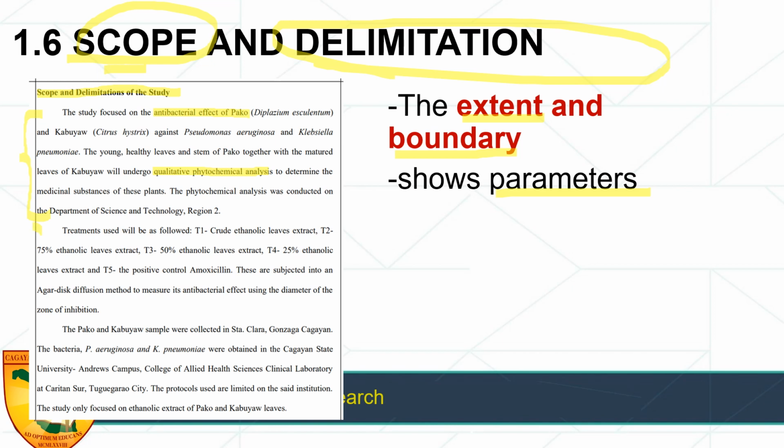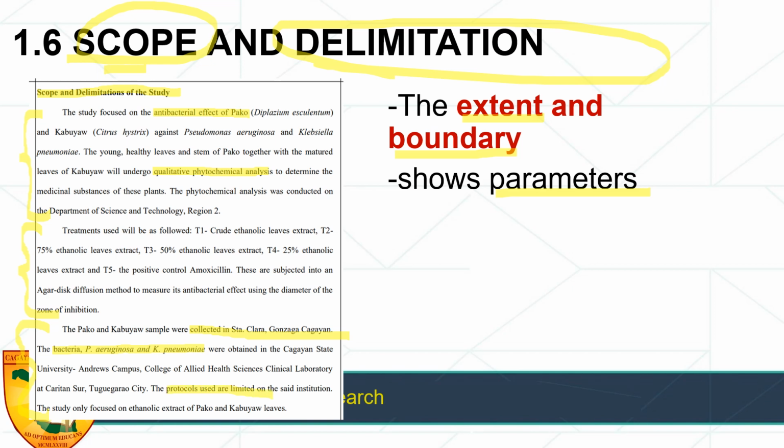Also, the second paragraph shows the scope in terms of methodology. The third paragraph shows the scope in terms of the locale where they collected their samples, the bacteria used, where they got their bacteria, and the protocols that they use.